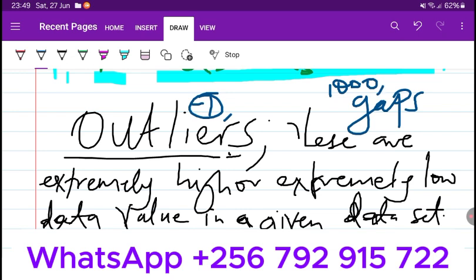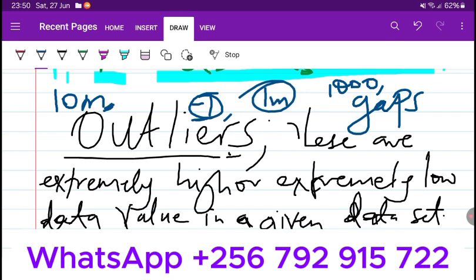And if someone comes and includes a figure of, let's say, 10 million, and these other values stop at, let's say, 1 million, you will see that this 10 million and this -1 are too far away from the rest of the values. Those are the ones that we call outliers.